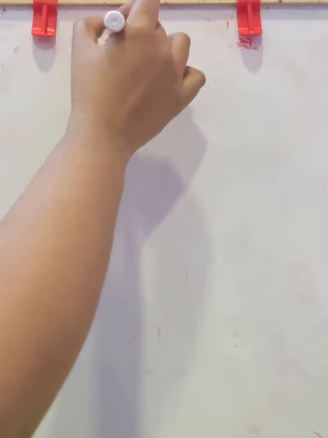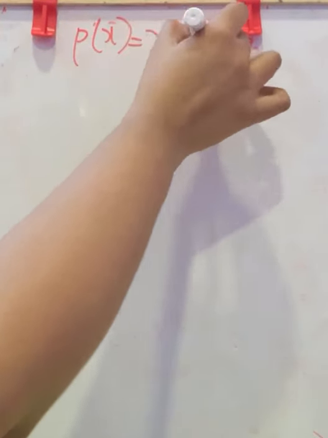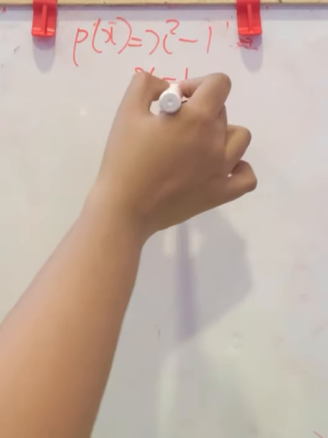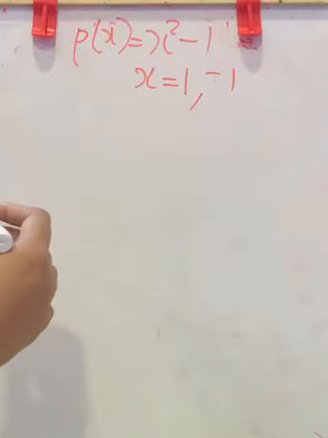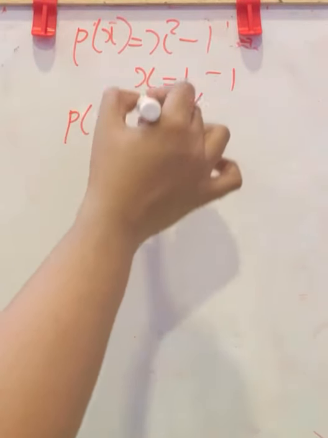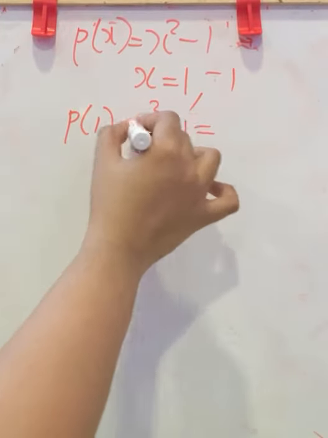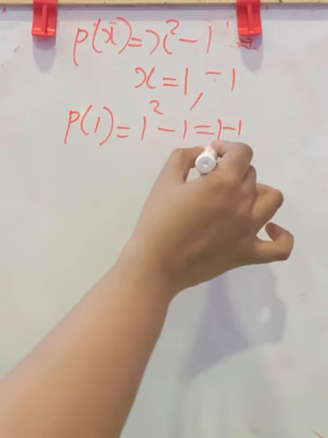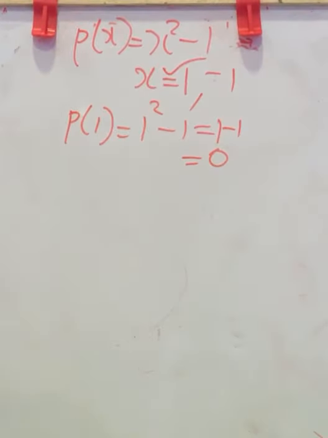P of x is equal to x square minus 1. We want to find whether x is equal to 1 is a zero or negative 1 is a zero. Let us check first x is equal to 1, that is P of 1. Then we will get 1 square minus 1. 1 square minus 1 means 1 minus 1. 1 minus 1 is equal to 0. Yes, this is a zero of this polynomial.